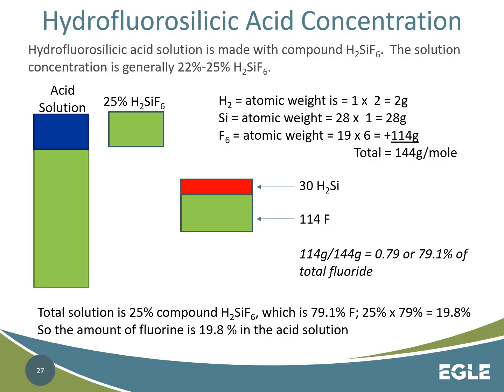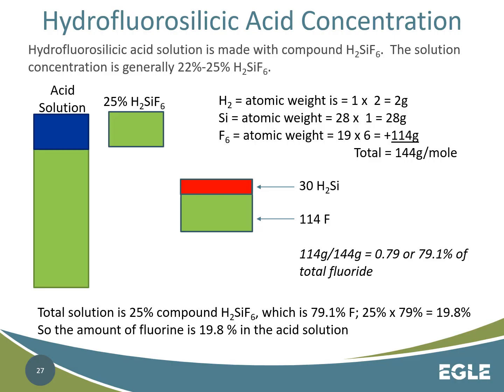So 25% multiplied by 79%, because 79% represents the fluoride concentration in the molecule and 25% represents the concentration of pure hydrofluorosilicic acid. Multiplying those together, you calculate 19.8% fluoride by weight in this solution.